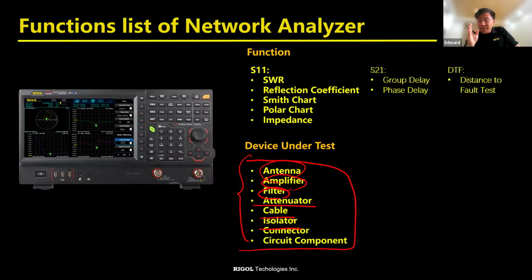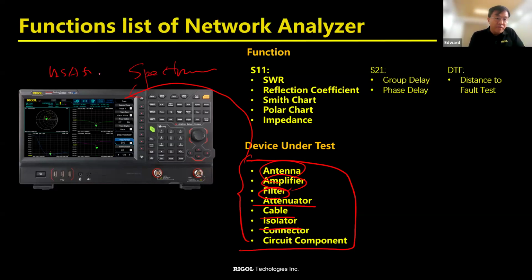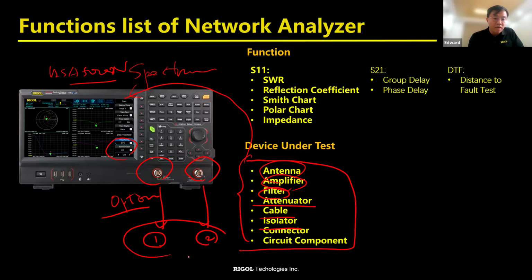But I need to highlight that this is the spectrum analyzer, right? This is the RSA 5000 series with the network analyzer options. So we need to use the tracking generator as the first port, and the second port is the receiver port, to use this as a network analyzer to get the VSWR test, right?